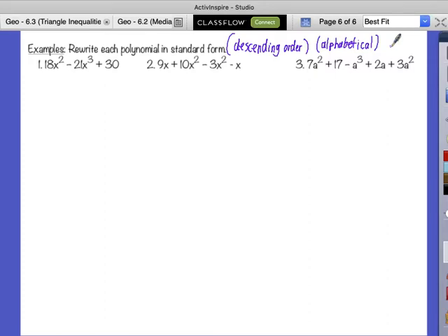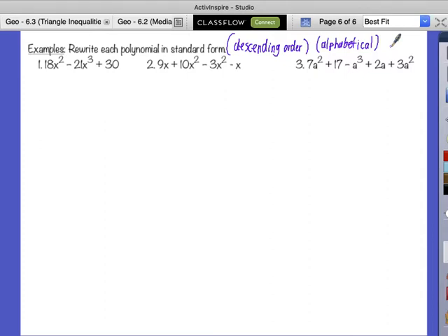Now we would first look to put it alphabetical by variable. So if we see an A and an X, we'd want to put the A's first. But then we also want to go with descending order, to where we put the highest power first of a variable, of that alphabetical variable.